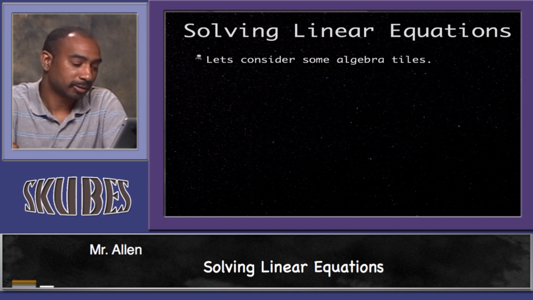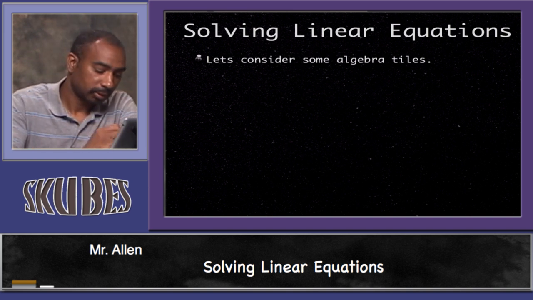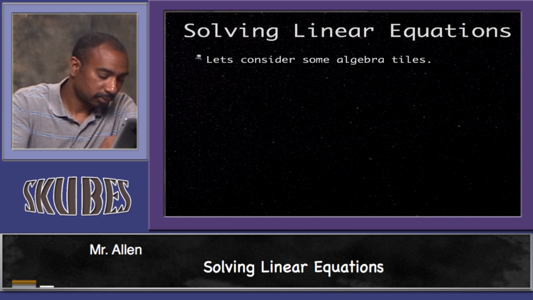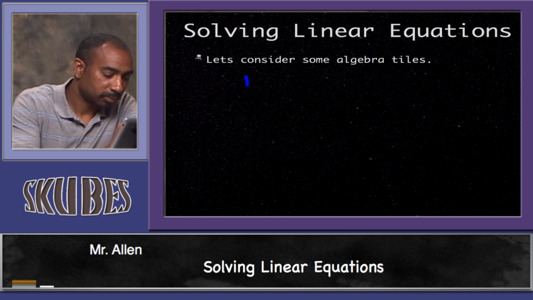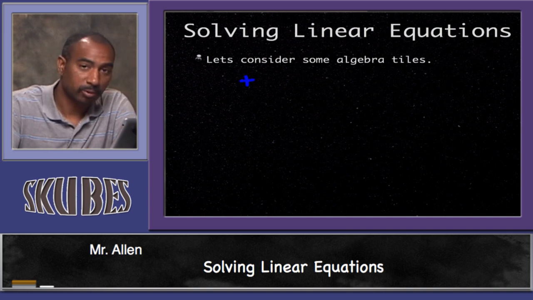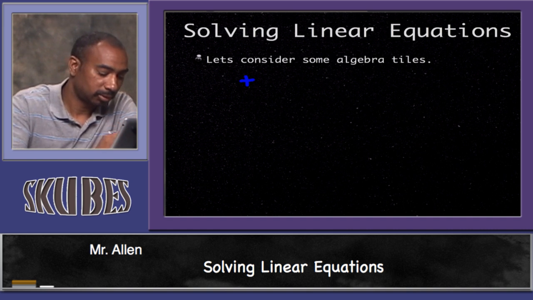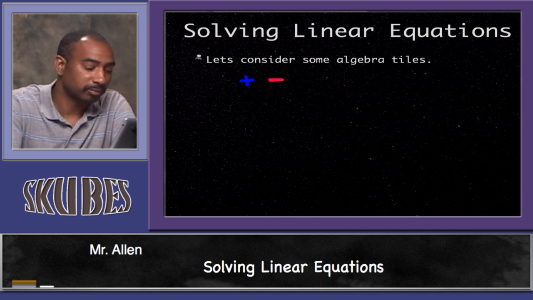In order to see this, let's consider some algebra tiles. I'm going to use this positive plus sign for positive ones. And I'm going to use this minus, this negative, as a negative 1.